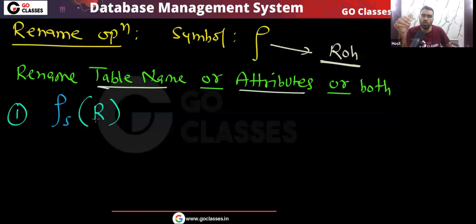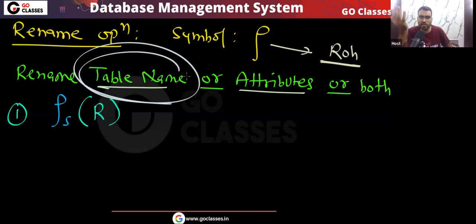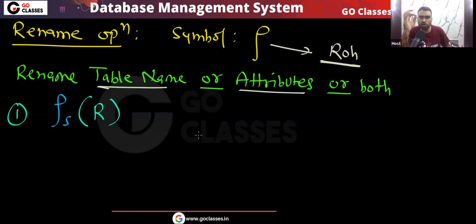A new copy will be created by name S. The original table will not change. So if I want to rename a table name, I can do it like this. Very simple.